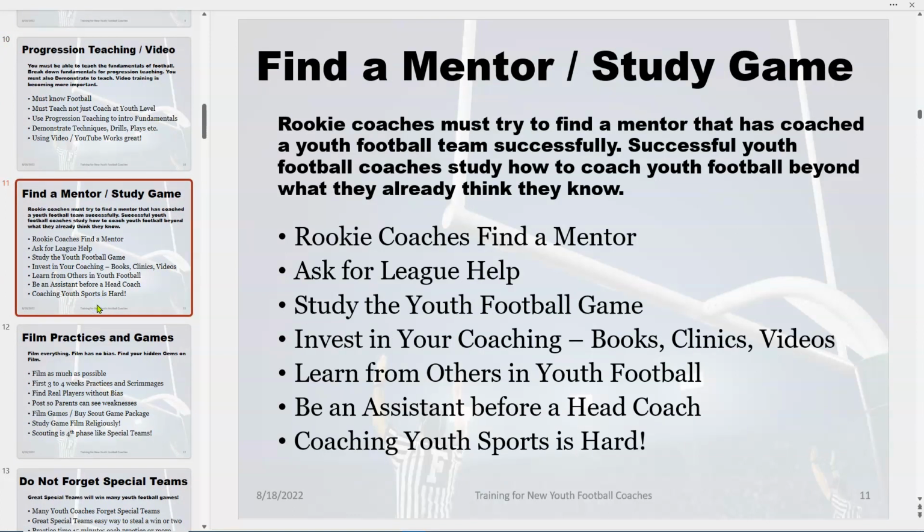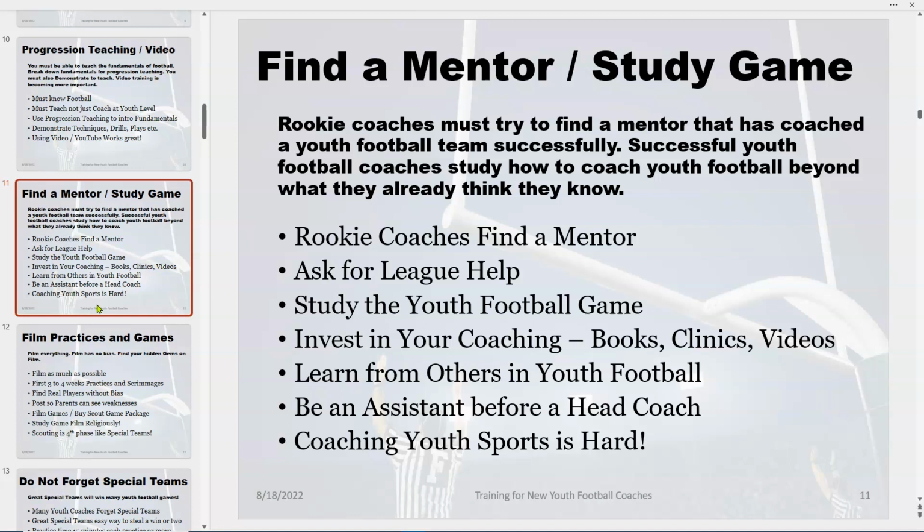The other thing is you really need to find a mentor if you haven't been a head coach or played football before, when coaching youth football, tackle football, and you must study the youth football game. I highly recommend that. Successful youth football coaches will study how to coach youth football beyond what they already think they know.